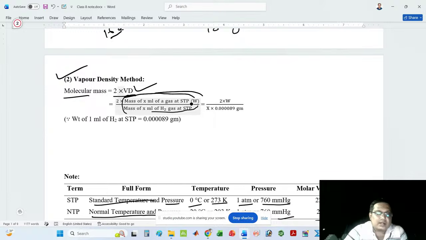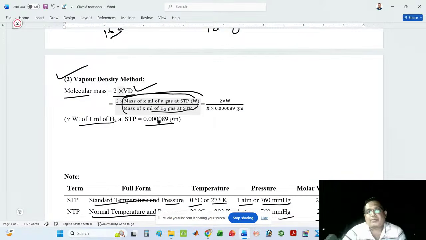Here you know that the weight of 1 ml of hydrogen gas is 0.89 with 4 zeros after the point. That means the weight of 1 ml of hydrogen at STP is 0.000089.